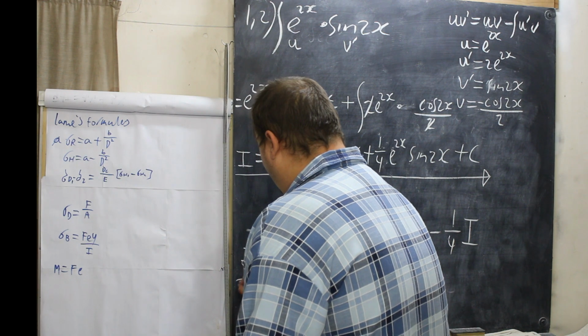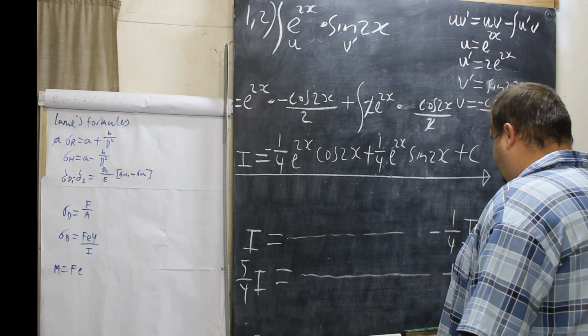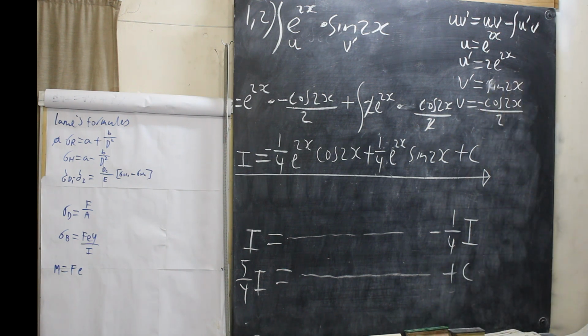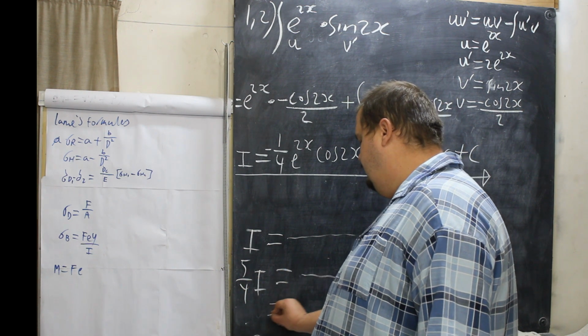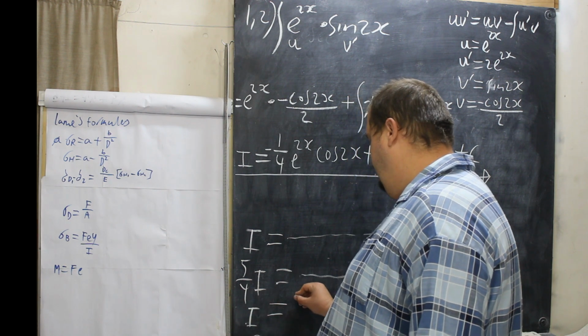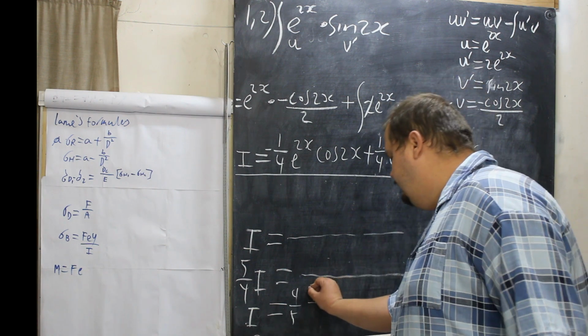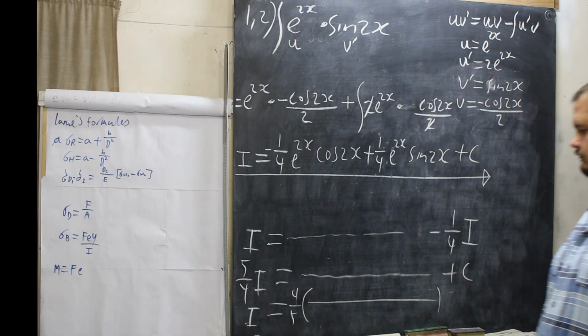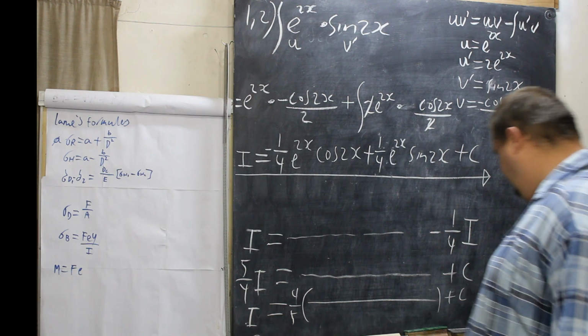So it'll be 5 over 4 I equals da da da da plus C. And then what I would do after that is we have to divide, so we multiply by the inverse. So it would be I multiplied by 4 over 5 and everything inside the bracket, plus C. Okay, simple.